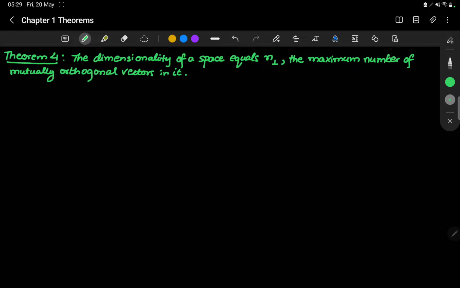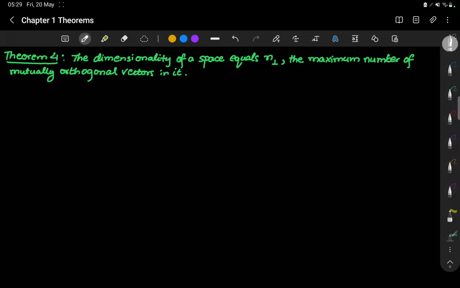So the theorem states that the dimensionality of a space is basically given by the maximum number of mutually orthogonal vectors that we can find in that given vector space. So let us now prove this theorem.